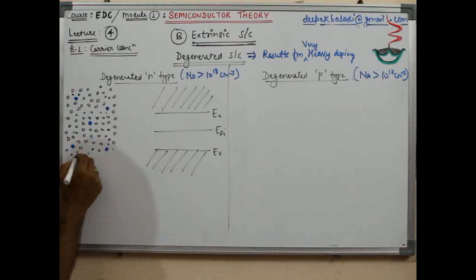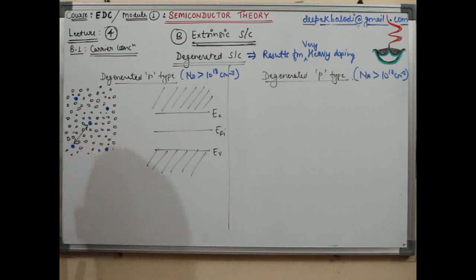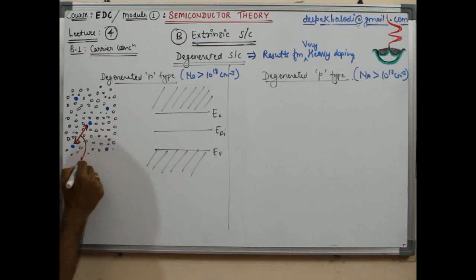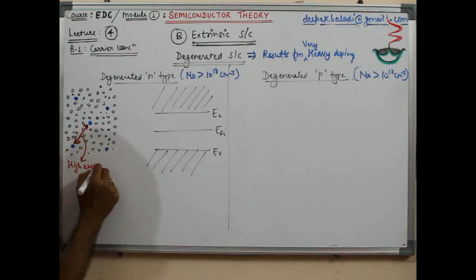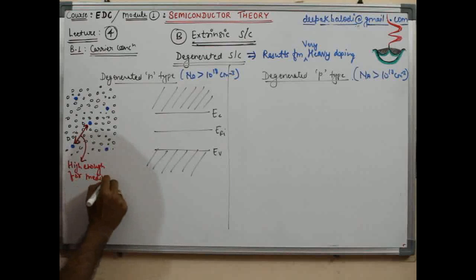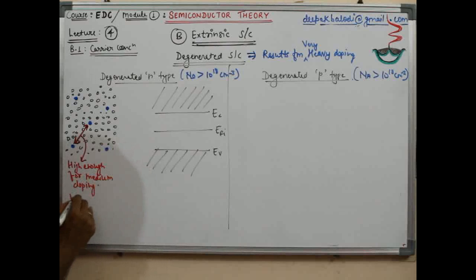So the general figure is that this distance is high enough for medium doping. That means one atom out of 10 to the power 6, 7 or 8 atoms of silicon.